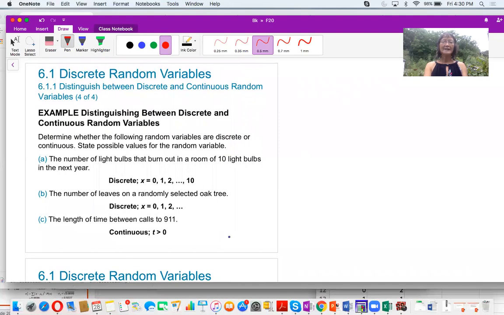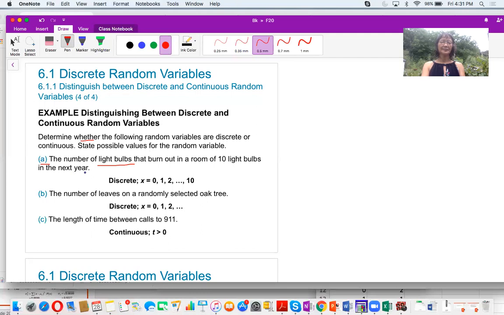Now let's look at an example to distinguish between discrete random variable and continuous random variable. Determine whether the following random variables are discrete or continuous. State possible values for the random variable. Question A, the number of light bulbs that burn out in a room of 10 light bulbs in the next year.